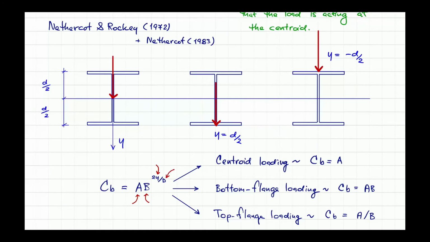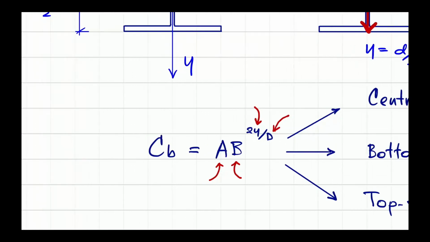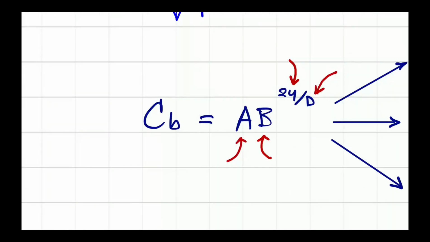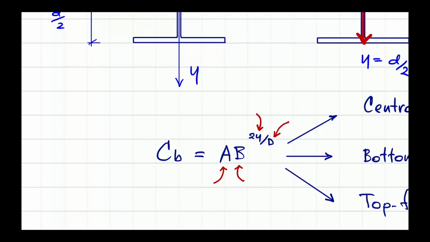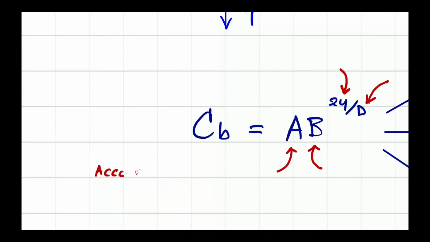Okay, so it will be just the A. But if you have the location of the force not right at the centroid, you will get the effect from the B. So let's say the A accounts for the BMD, the bending moment diagram.